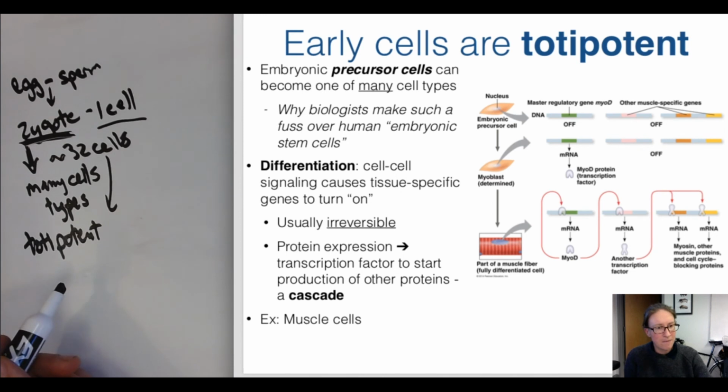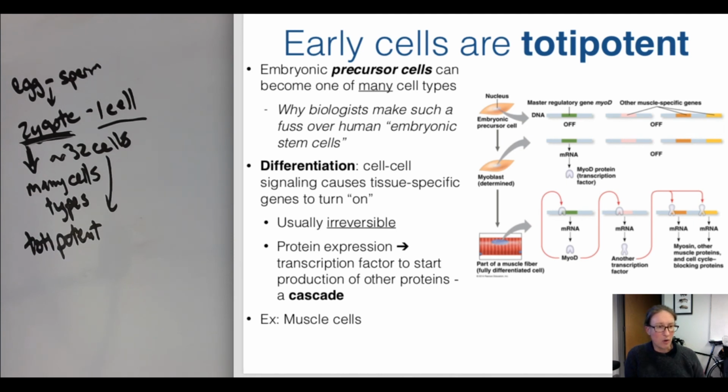So the process of differentiation involves that cell-cell signaling that causes tissue-specific genes to turn on. And as that happens, that process is usually irreversible. So you go from being totipotent to having a specific cell fate.